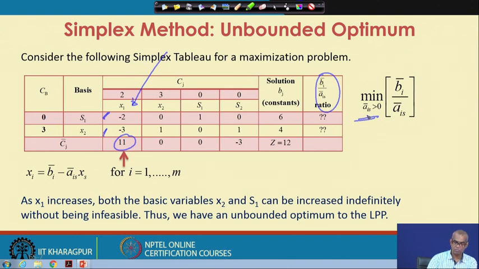So, what it means is, if ais is negative, as we increase the non-basic variable, the values of the basic variables will increase indefinitely without becoming infeasible. That means the objective function value can be increased indefinitely.